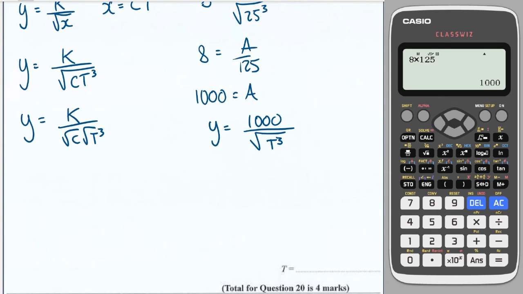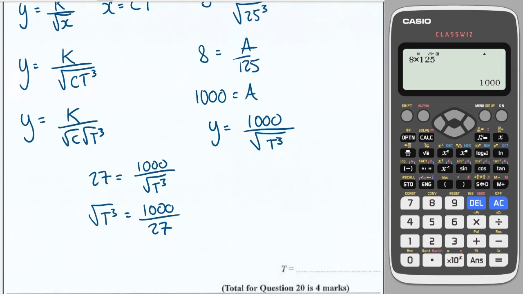Okay, well this means that we're going to have 27 is equal to 1,000 over the square root of t cubed. We can multiply up this square root of t cubed and then divide by 27 all in one go, to get this.